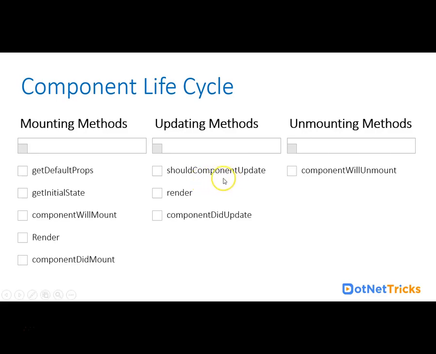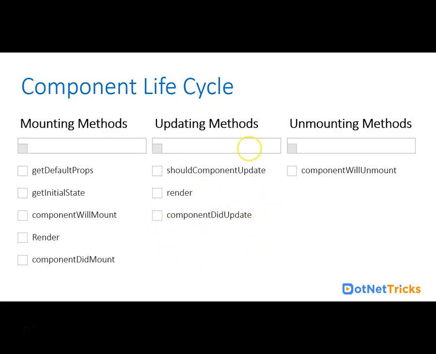Before this, we also have componentWillUpdate, and that method is called just before your component is about to update. The third is the render method. If you are returning true via shouldComponentUpdate, the code inside this render will be invoked again to ensure that your component displays itself properly after the changes.